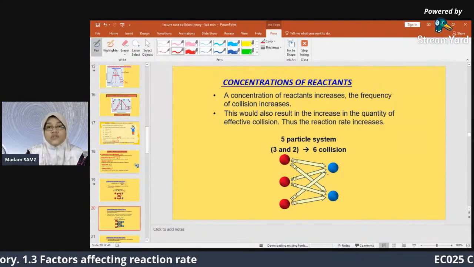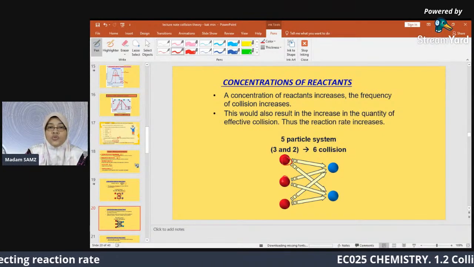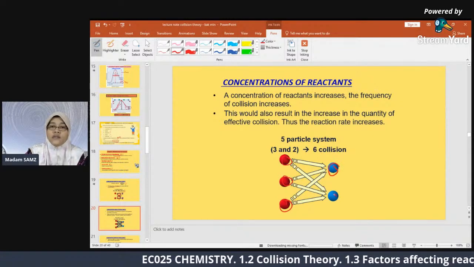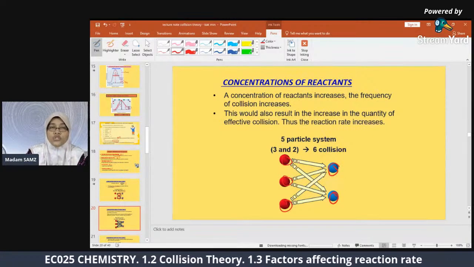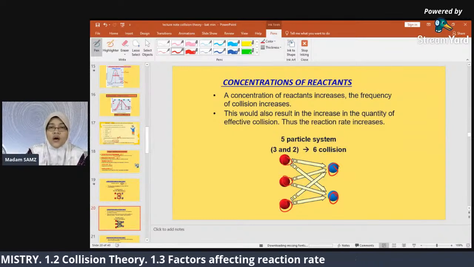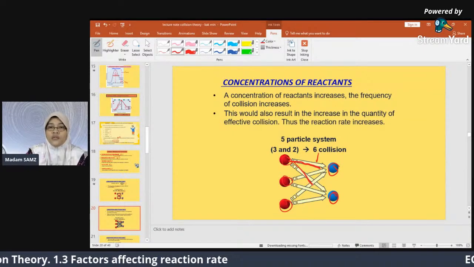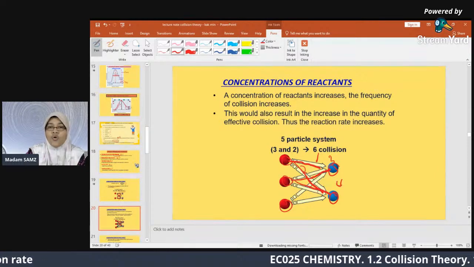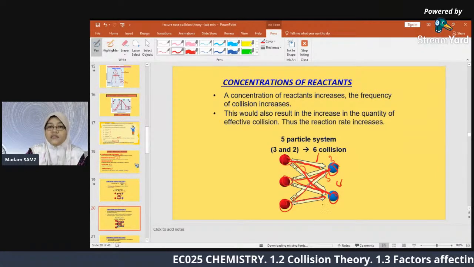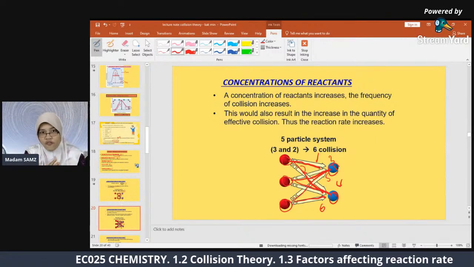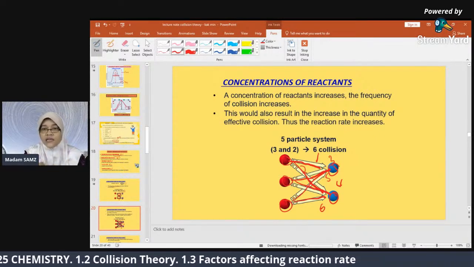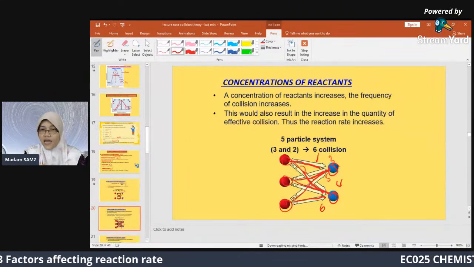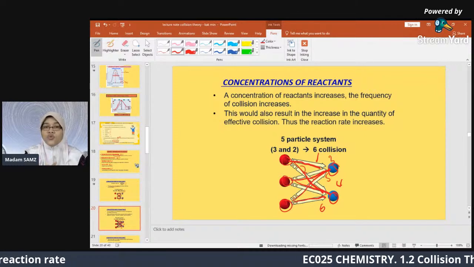How many collisions will probably occur? 1, 2, 3, 4, 5, and 6. If you compare with the previous slide, there are 6 collisions when you use 3 moles of A and 4 collisions when you use 2 moles of A.